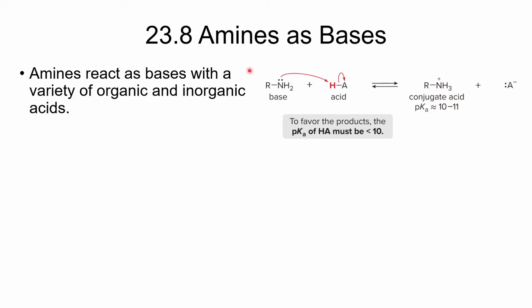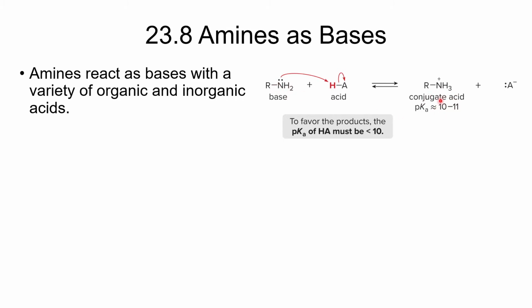For most of our typical amines, that conjugate acid is going to have a pKa in the range from 10 to 11. Just as a reminder, the larger that pKa value is, the weaker this is as an acid. So the weaker this is as an acid, the stronger this is as a base.